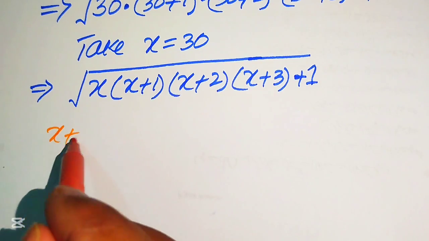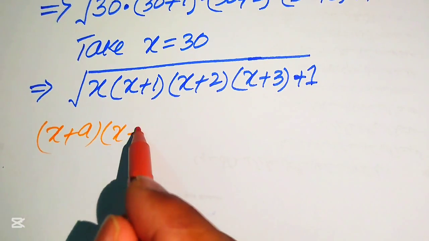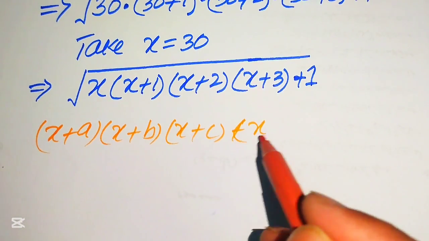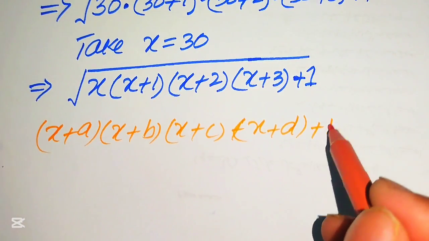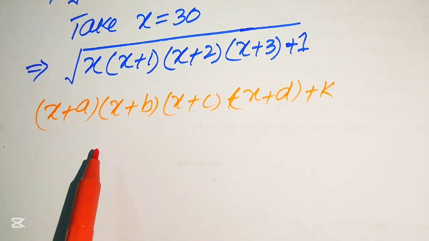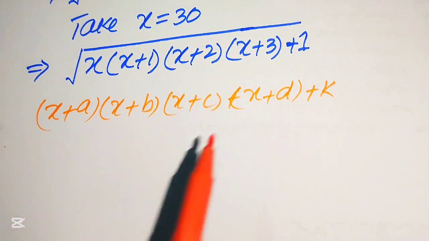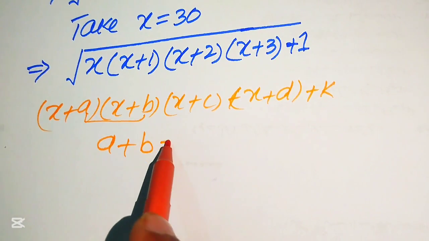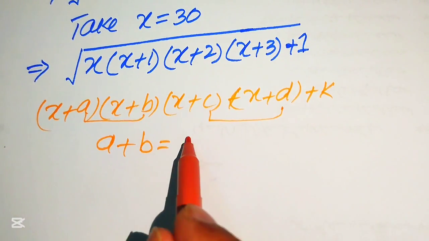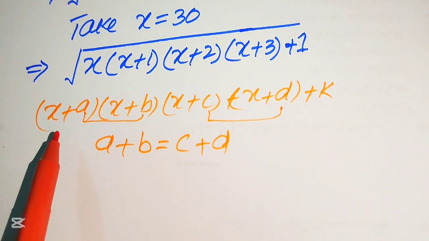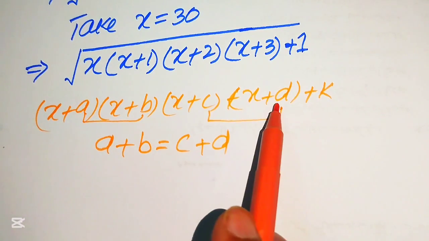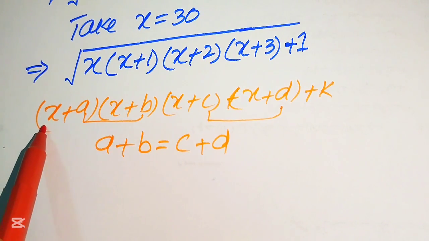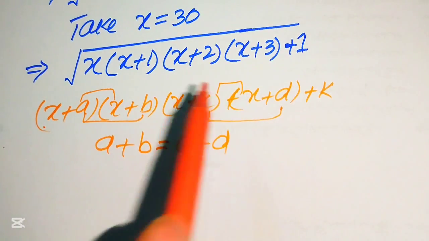If you have x plus a multiplied by x plus b multiplied by x plus c multiplied by x plus d, and plus some number k, and if a plus b is equal to c plus d, then you can just multiply these two factors and these two factors as well.